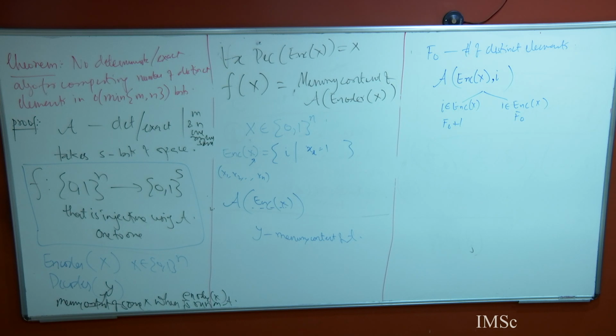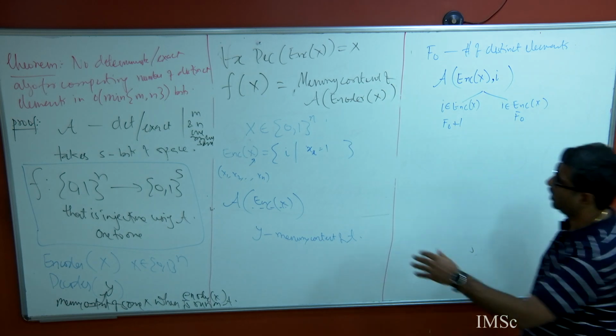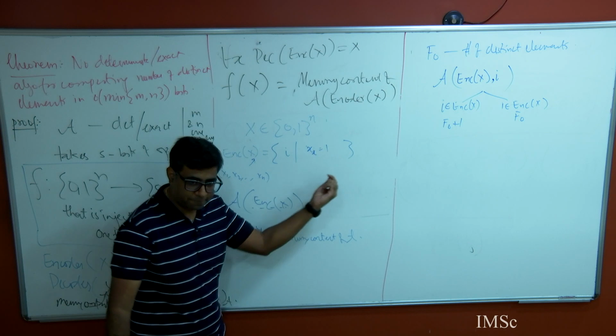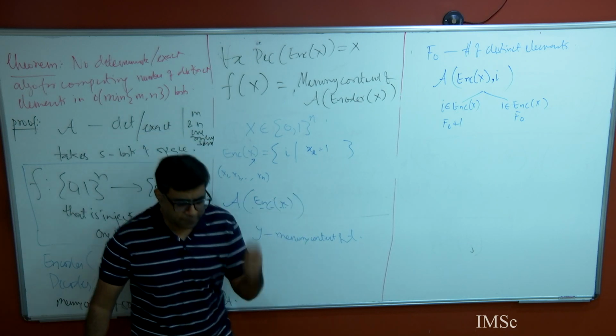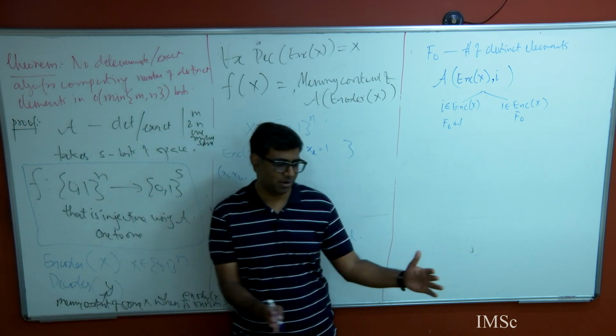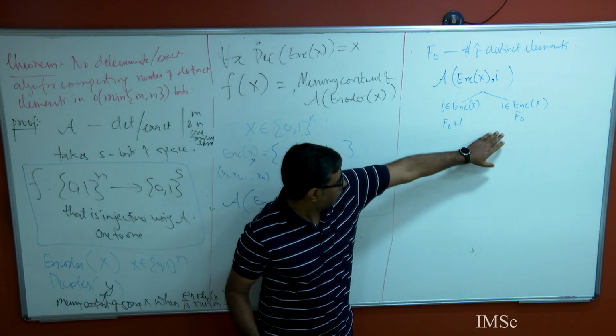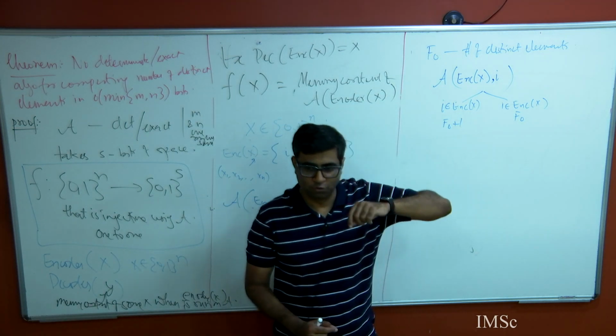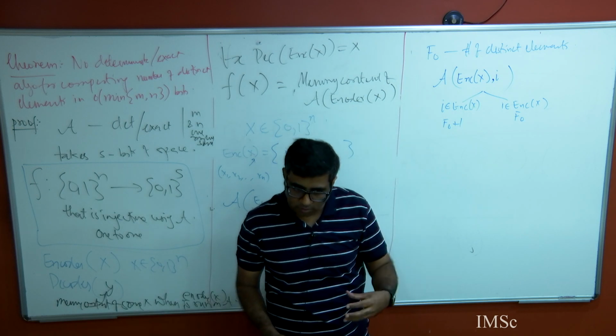So have I decided what the ith bit is now? Look at the ith bit. If that bit was set to 1, then in the encoder of X, this I was fed to that streaming algorithm, and we are feeding I again, so the number of distinct elements is not going to change. In that case, I know the bit was set to 1.